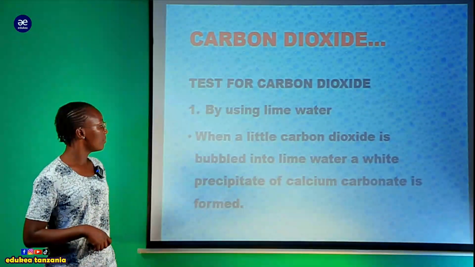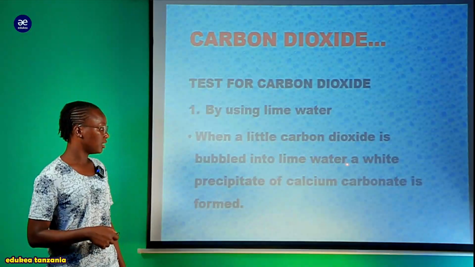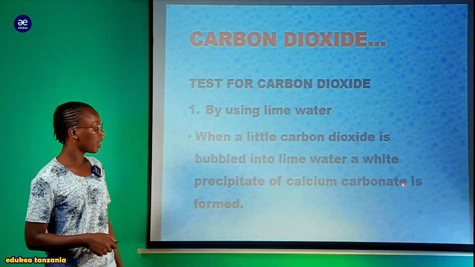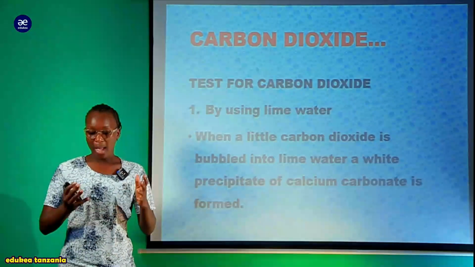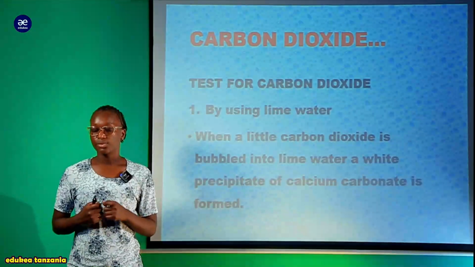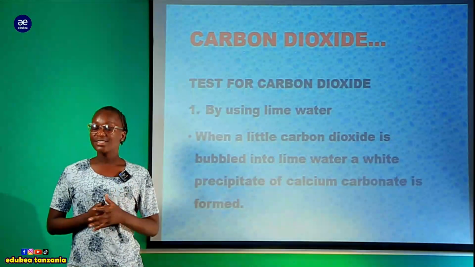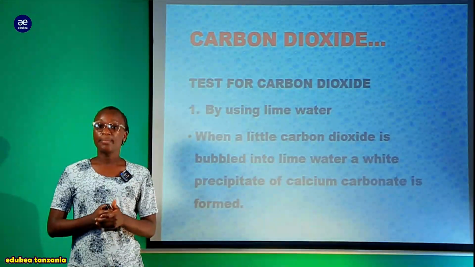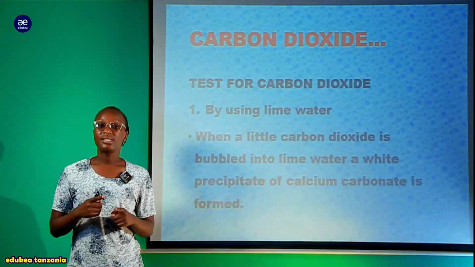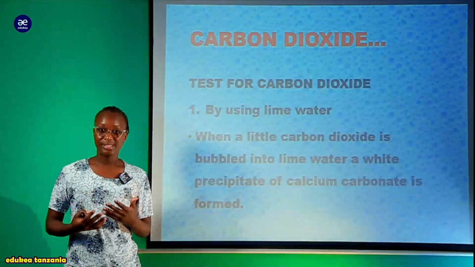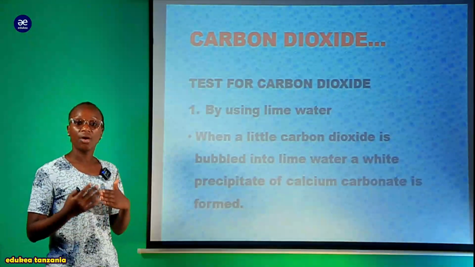When a little carbon dioxide is bubbled into lime water, a white precipitate of calcium carbonate is formed. So when carbon dioxide is bubbled into lime water, precipitates of calcium carbonate appear. After the precipitate forms, this shows there is carbon dioxide gas present, and that is how we test for the presence of carbon dioxide in a certain compound.